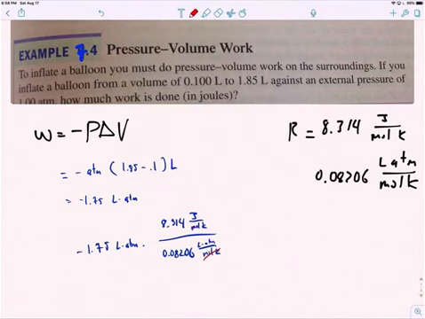The liter atmospheres cancel, and we're left with joules. So that comes out to negative 177 joules. Okay, so that's how you solve that kind of problem. So that's the work, P delta V.